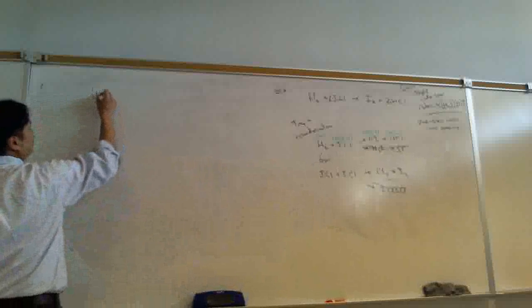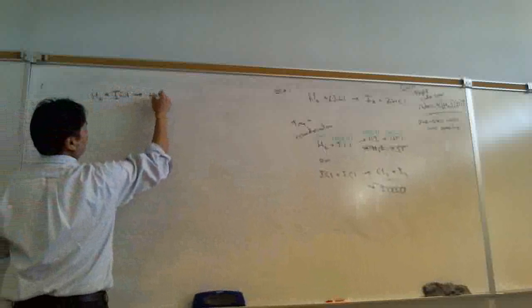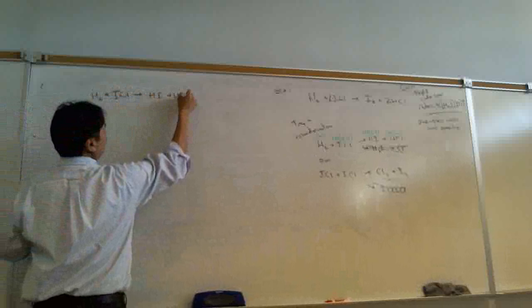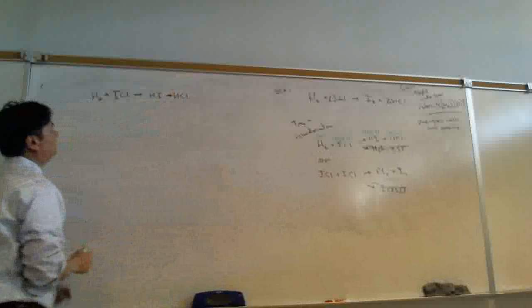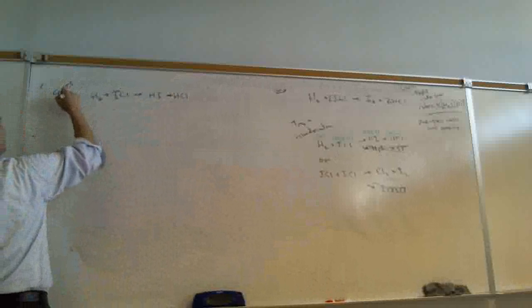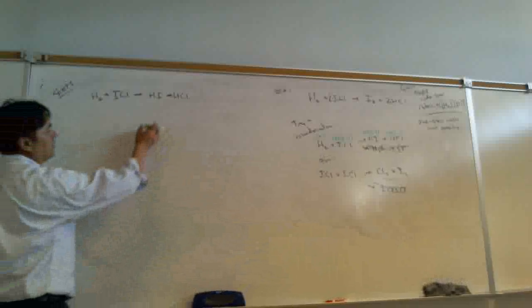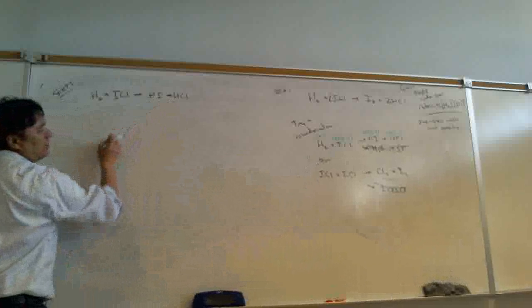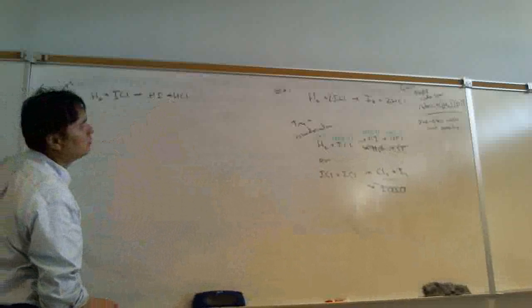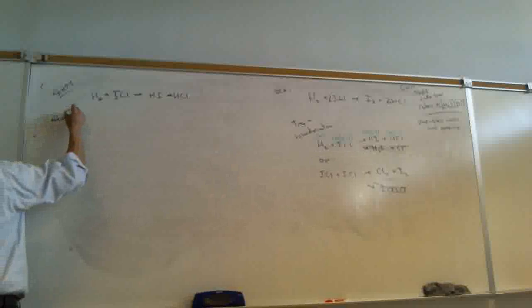So if we have an H2 plus ICl, this yields HI plus HCl. We'll call this step 1. All right, we're going to have an intermediate, HI. We need to get rid of that intermediate. We don't have any HI in the product over there. And so step 2, let's get rid of it.